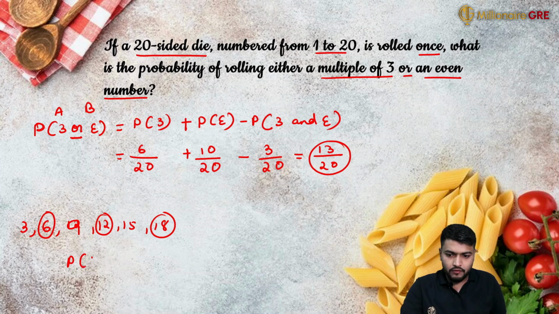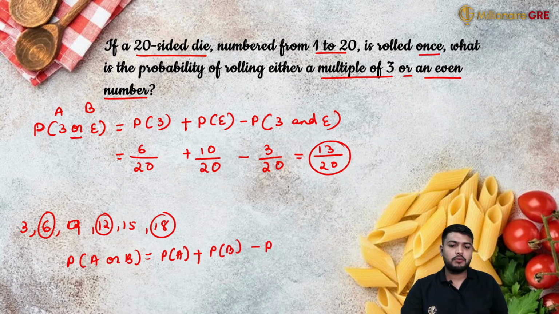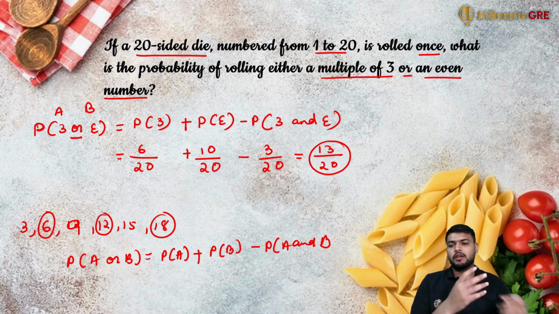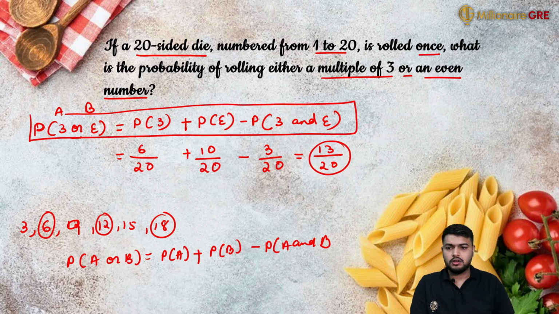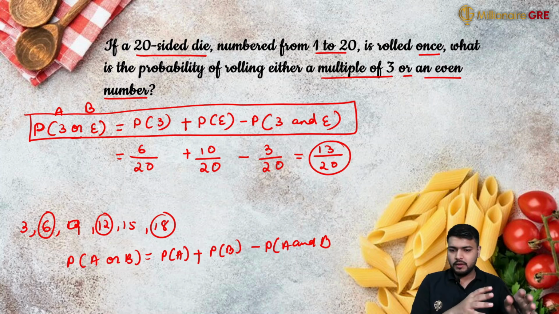So probability of event A or B is equal to probability of A plus probability of B minus probability of A and B. We got it using this. It is the same as this.